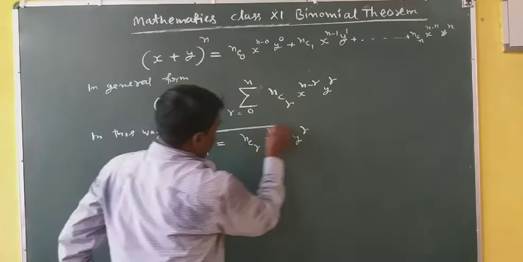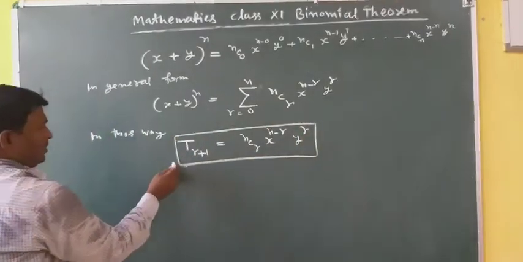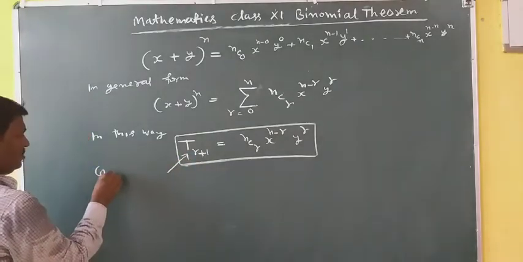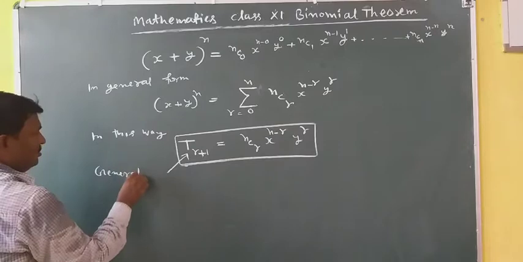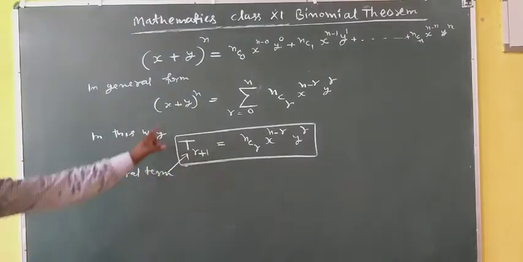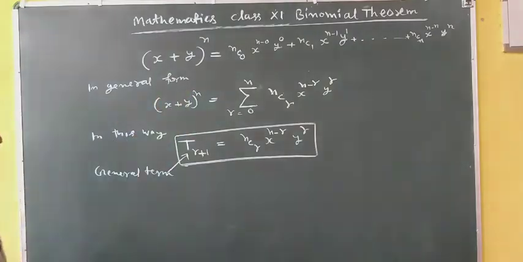Here r plus 1 means one less than the term number: for the first term r is 0, for the second term r is 1, for the third r will be 2. So this is your general term in the expansion of (x plus y) power n.